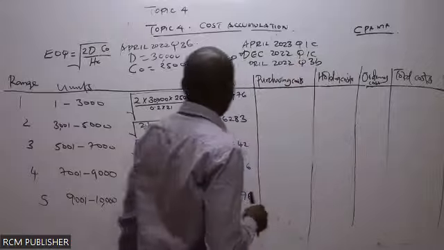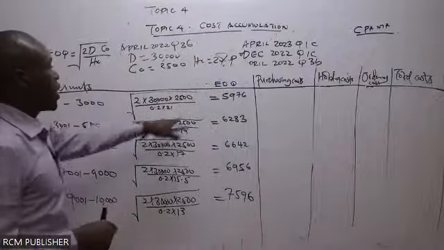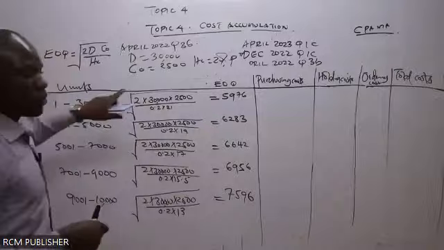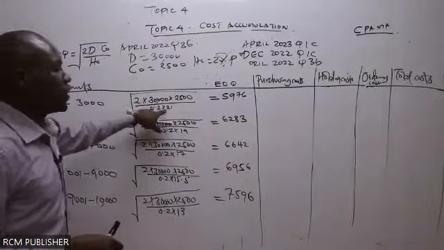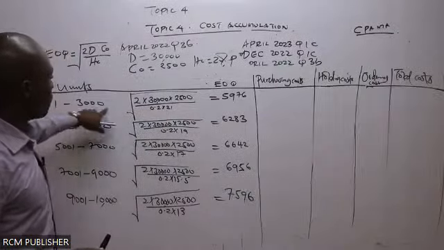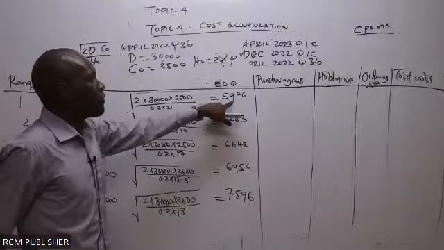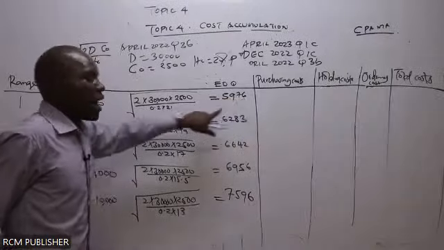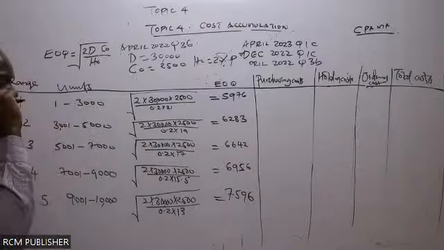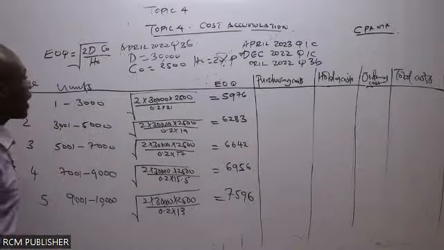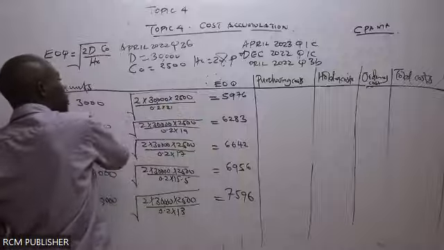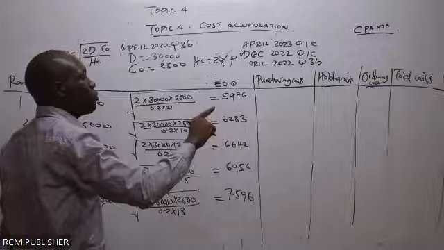Now, for example, this is what we are given for us to get a price discount of 21 shillings. If I have economic order quantity of 59.76 and I must order 1 to 300 for me to buy at 21 shillings, I cannot accept this because this range is below my economic order quantity.